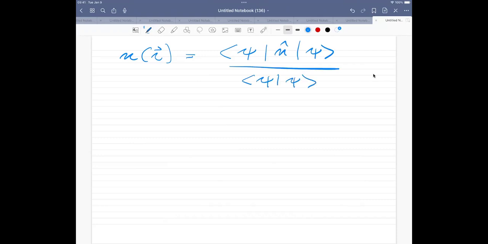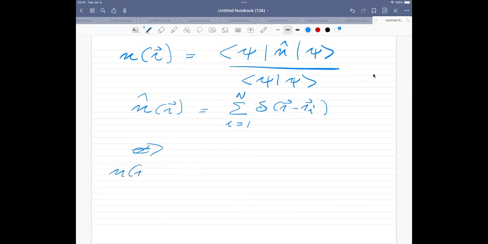This is a quantum mechanical expectation value. And this quantity, this operator of R, which we are evaluating, is now given by the sum over all the particles which we have. And then I have a delta of R minus R of I, which means that this N of R is actually proportional with an integral.